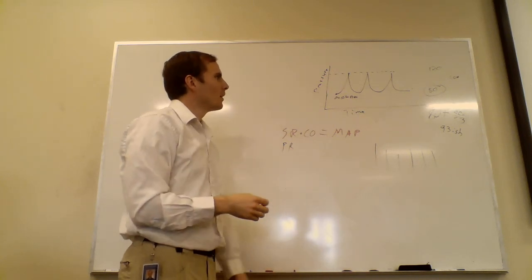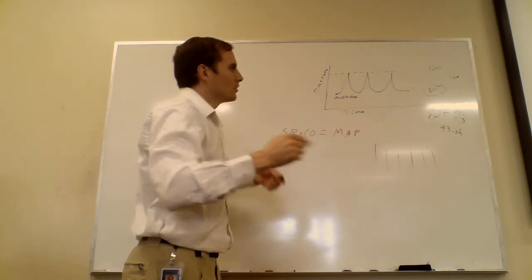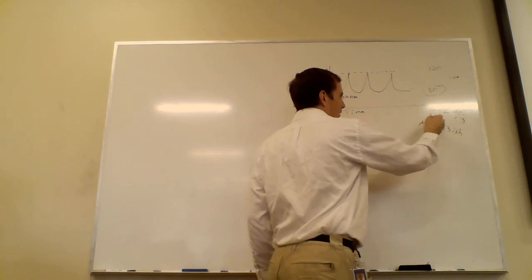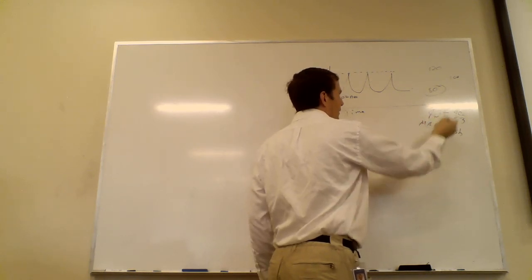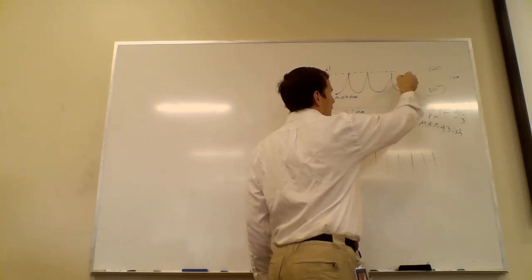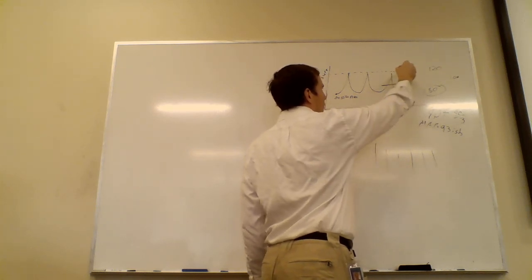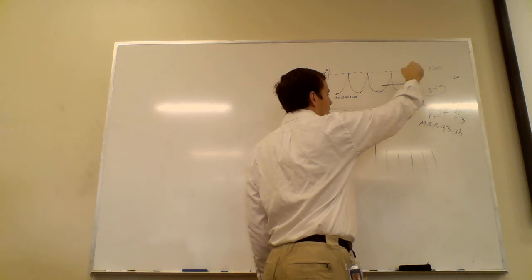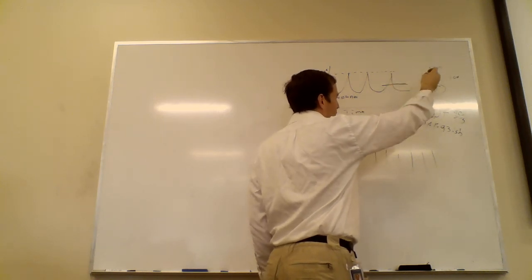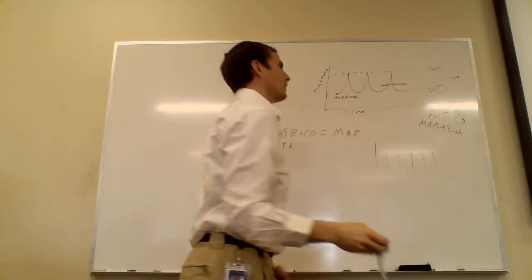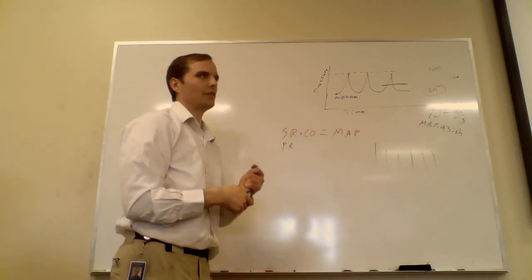All right. And we see that this mean arterial pressure is less than halfway. So it's like right here, 2/3. You add 1/3 of the difference between the systolic pressure and the diastolic pressure.